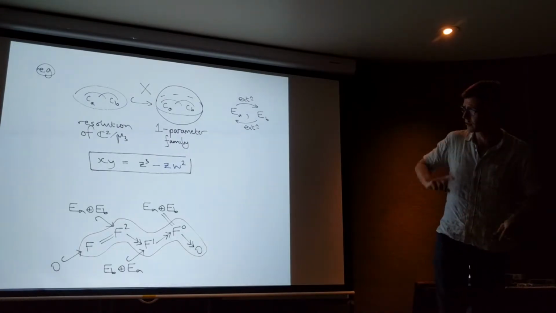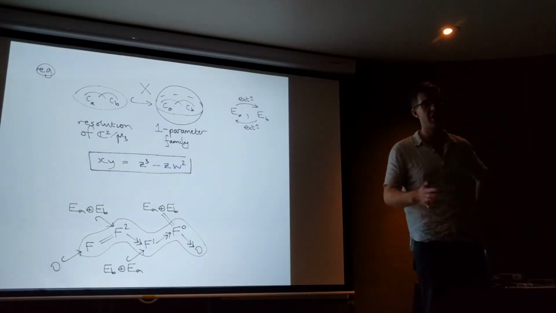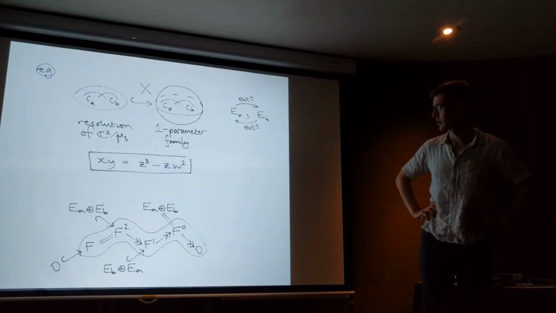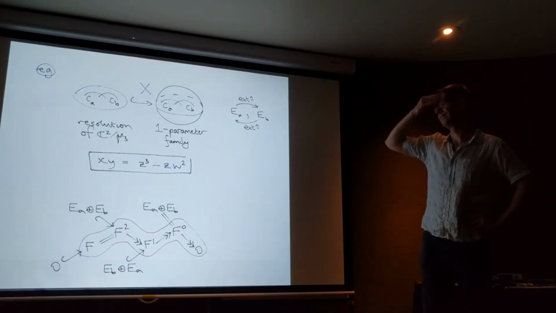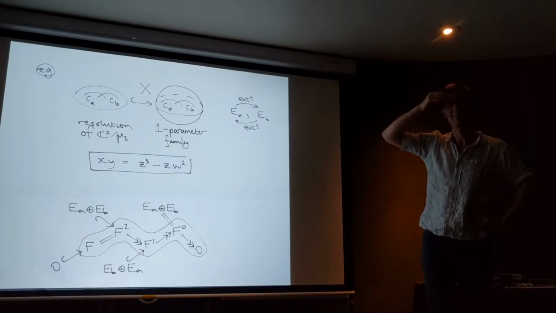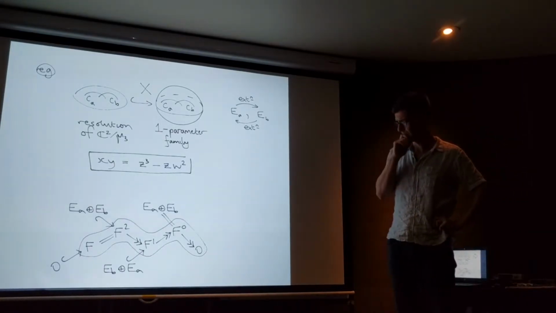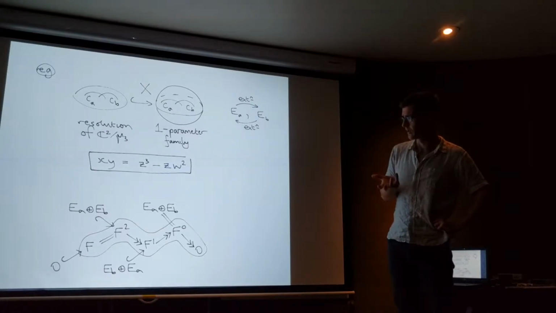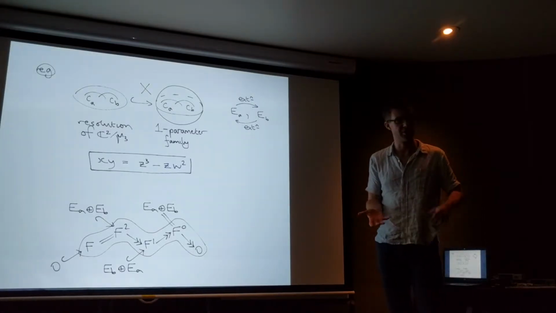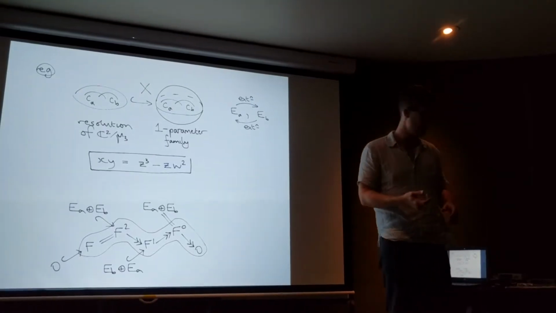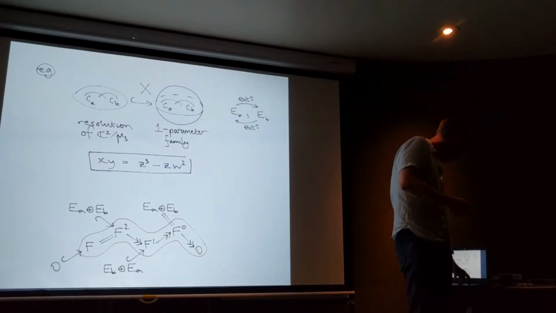That gives me my F2, and then it's a calculation that F2 has no non-trivial extensions by EA or EB, so that's my F. So this you should think of as the non-commutative deformation of the EA and EB, and let me start to make that precise now.